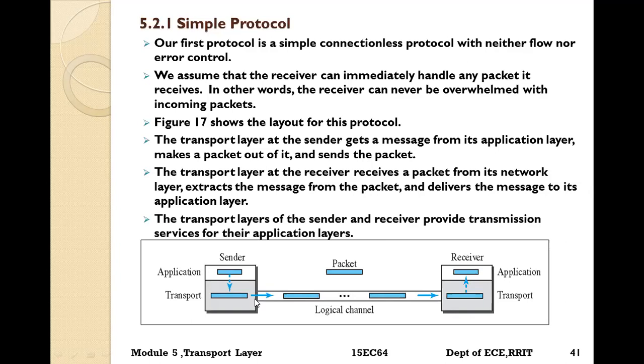You should know the process to process communication. For example, a logical connection is an imaginary connection. For example, you order some product on Amazon. You use the website and order the product.